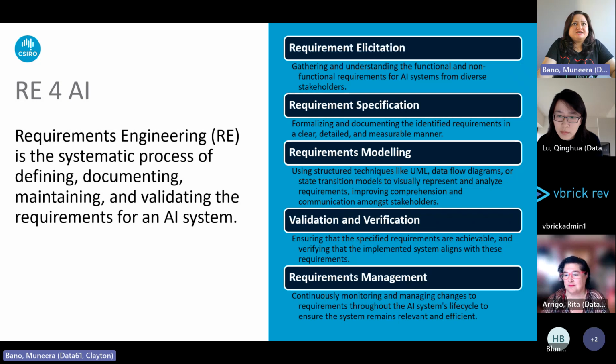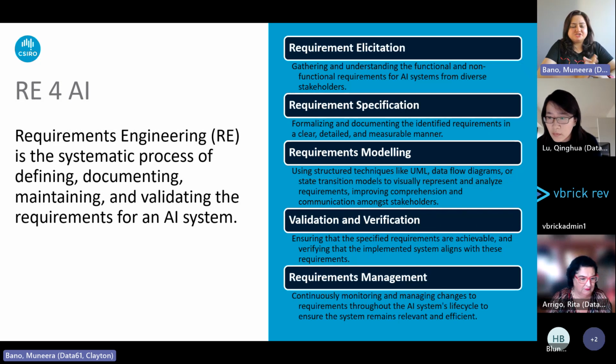In our requirements engineering research with my student Khulud, we found that the traditional stages are standard and widely used: elicitation, specification, modeling, verification, and management.